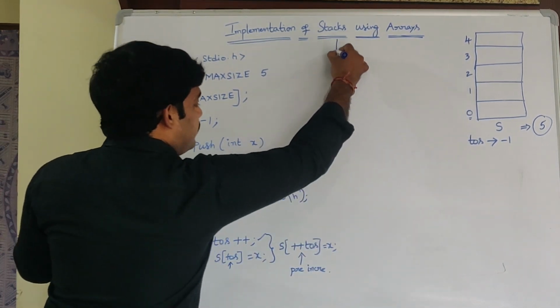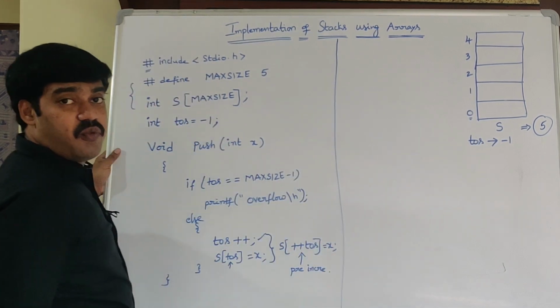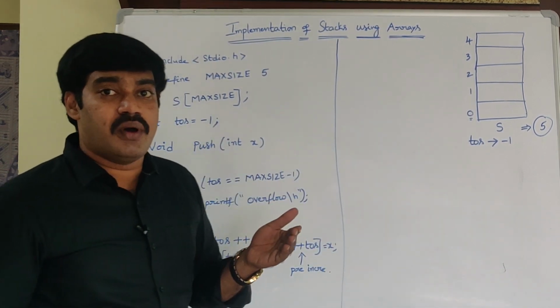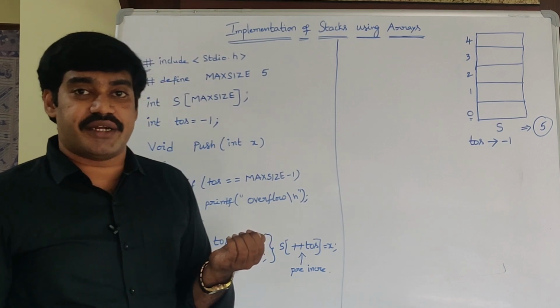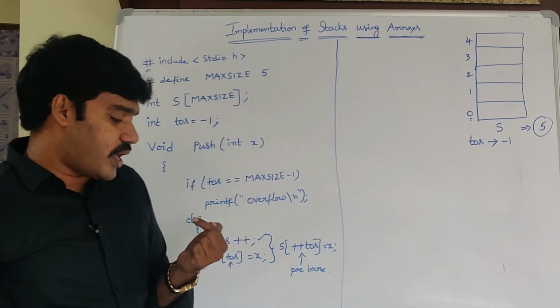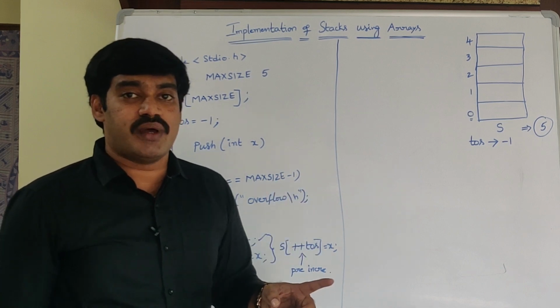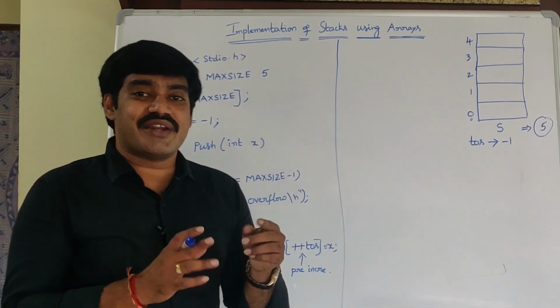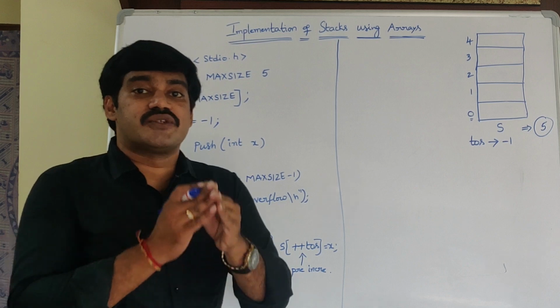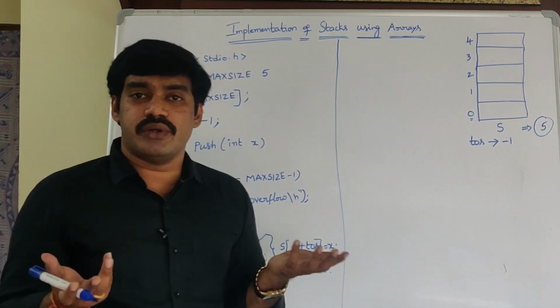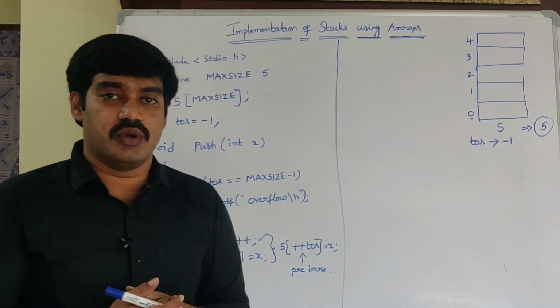Next, similarly, the pop function. What is meant by pop? Deleting an element from the stack data structure. From the main function we are calling the pop function, and the pop function returns either -1 or the deleted element. It returns -1 when the stack is empty. Is it possible to delete any element? Not possible.